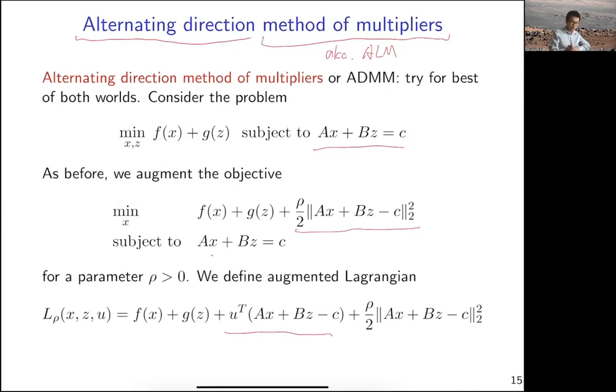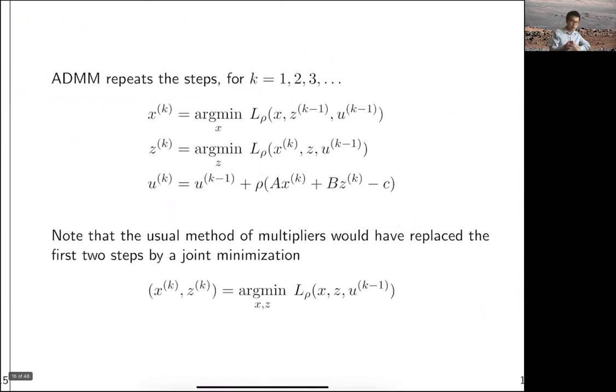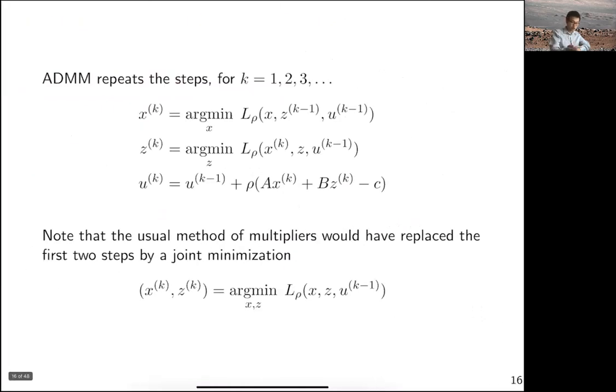How this algorithm works follows a very easy mechanical calculation. Whenever you have a problem that can be formulated in this form, you can just derive the Lagrangian and add the augmented square term of the residual to penalize the constraint violation. And then it goes by simply iteratively repeating the following three steps.